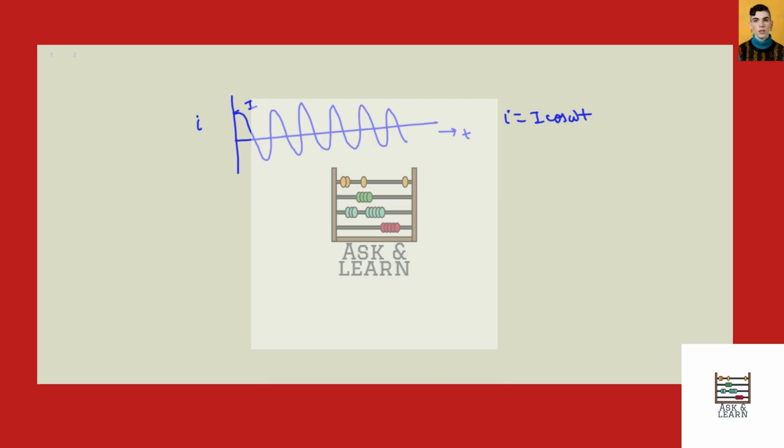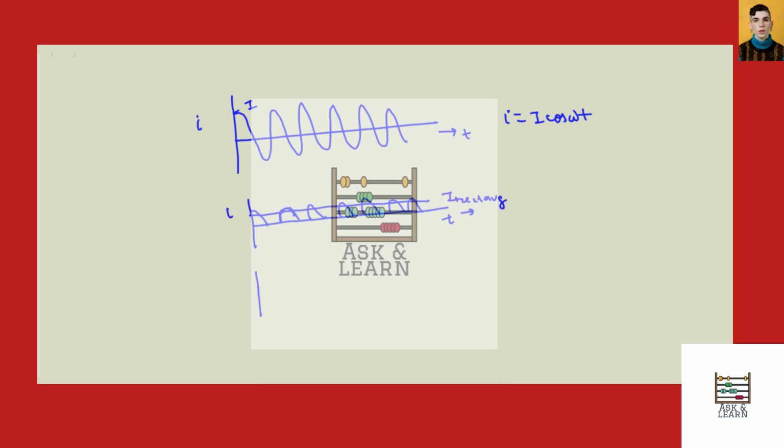Now the average of the rectified one, this is the rectified one. Definitely we have this graph and the average will be something like this. So let's say this is the I rectified average.